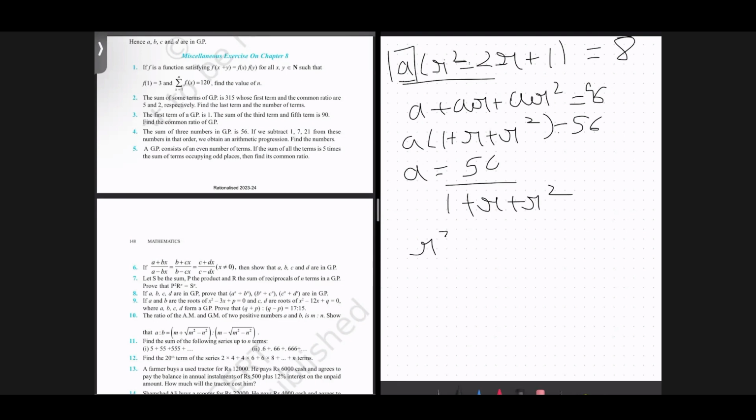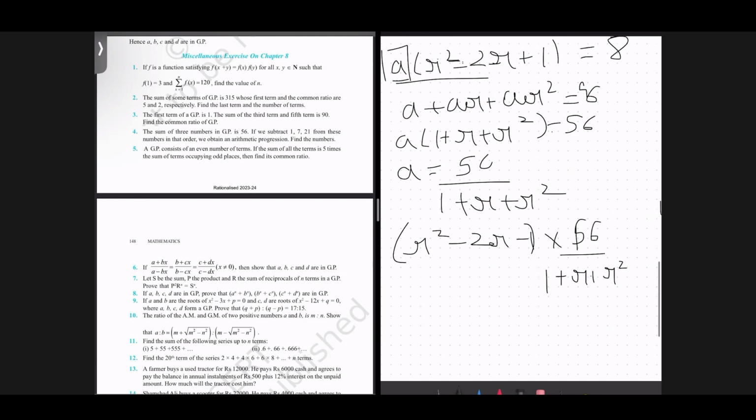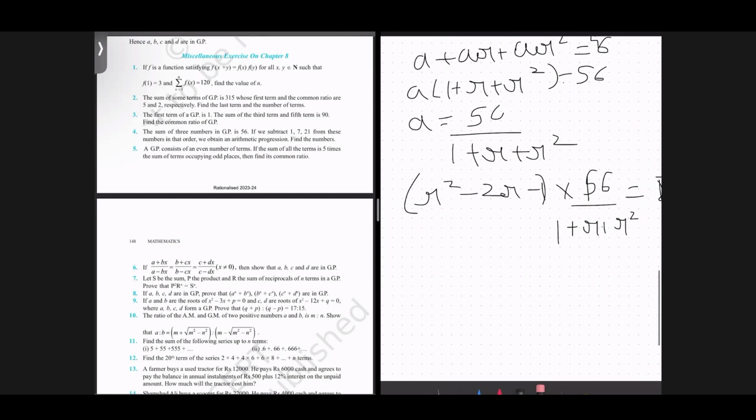You get R square minus 2R plus 1 into 56 upon 1 plus R plus R square equals 8, right? So what you now have is 56 into R square minus 2R plus 1 equals 8 into R square plus R plus 1, right?